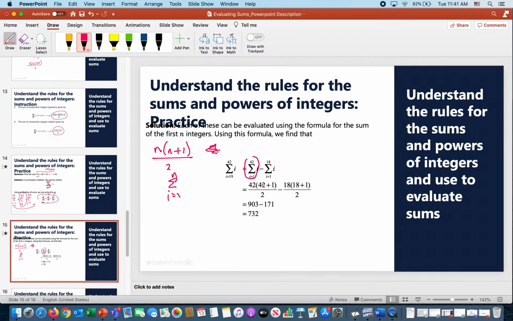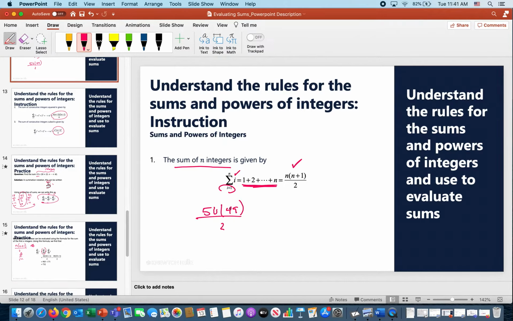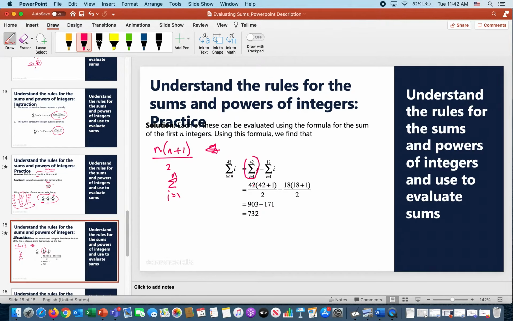So I'm going to have 42 plus 1. I think I gave you an incorrect number earlier. I think I did 49 here. It should have been 51. Apologize. So 42 times 42 plus 1 over 2 minus, if you notice, we end with 18 and we begin with 1, 18 times 18 plus 1 over 2. So 42 plus 1 is 43, and if I multiply those together and divide by 2, I get 903.